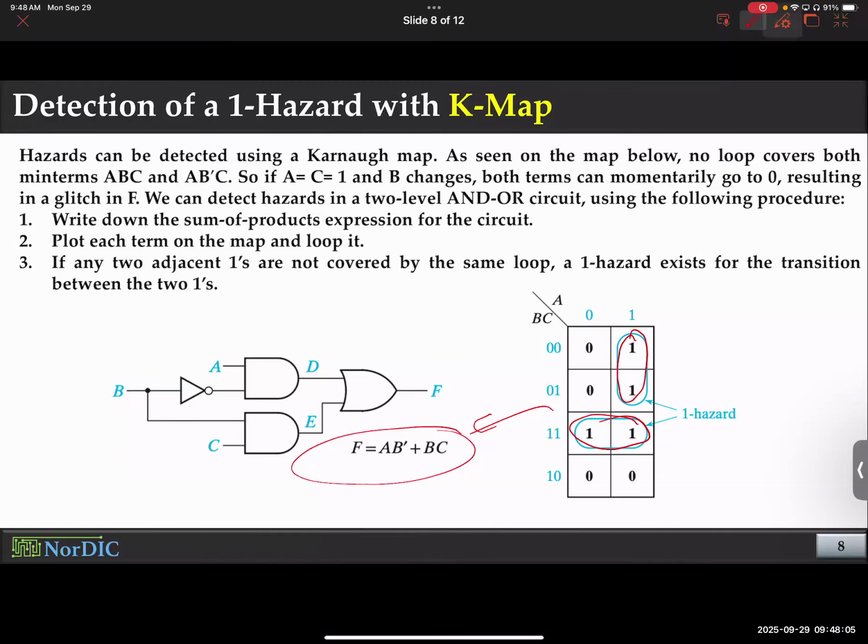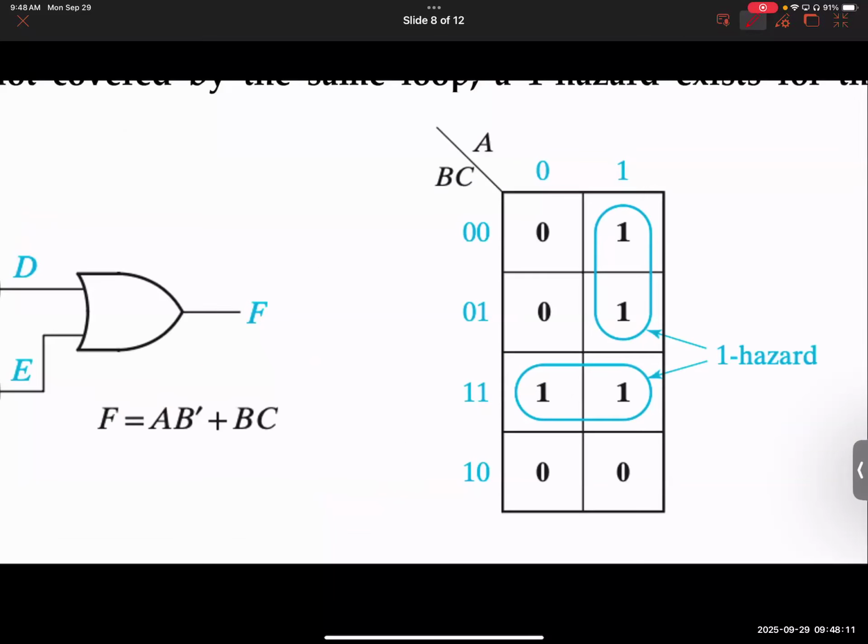All right. Now, this K-map will show you the challenge. These are all written here, you can read it at home later on. If in the K-map, after you group the ones, you see adjacent ones that are not under the same group, that is an indication of a one hazard. Does that make sense? Notice this one is grouped with a different one, and its neighbor is not grouped with it.